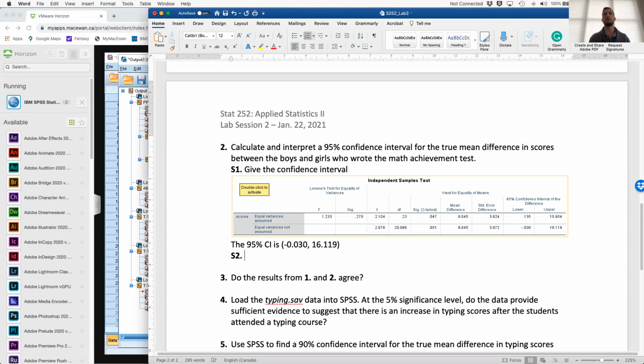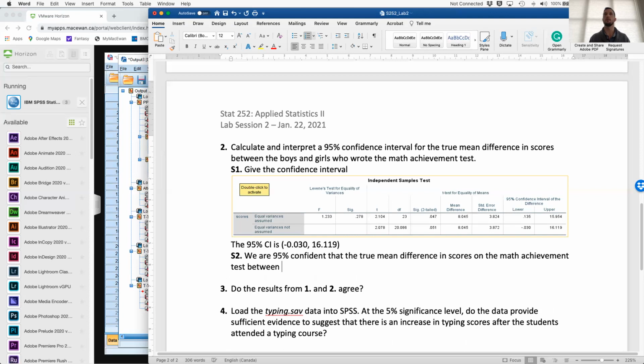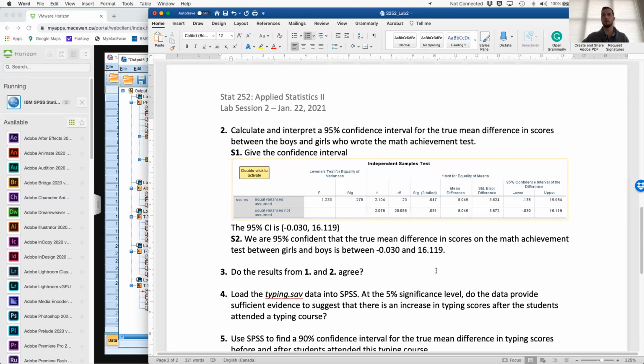And then on step 2, we can say we are 95% confident that the true mean difference in scores on the math achievement test between girls and boys is between negative 0.303 and 16.119.